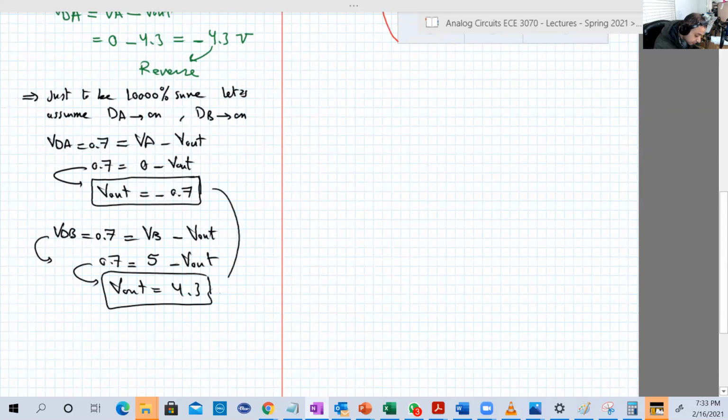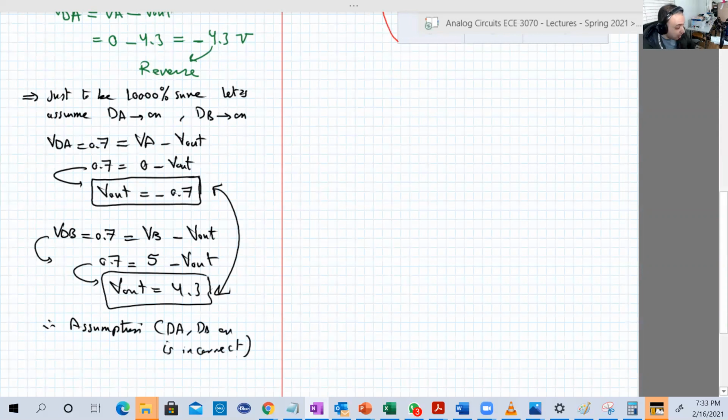Now you have a contradiction. From one branch, V out is minus 0.7. From another branch, it's 4.3. So we have a contradiction, right? So this assumption, which is DA on and DB on, is incorrect. Now you are 10,000% sure.